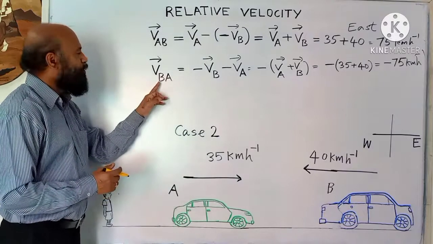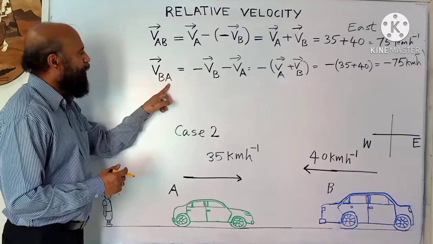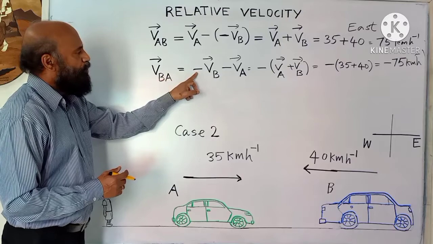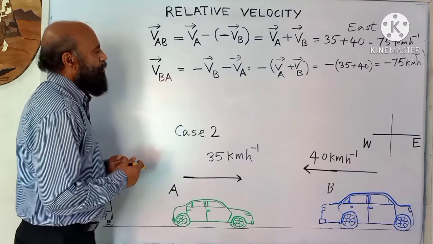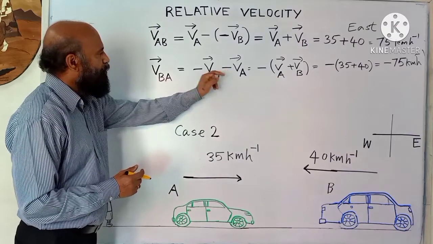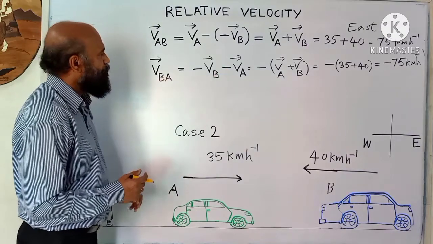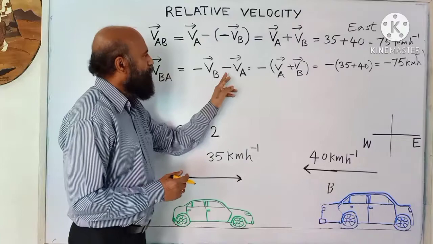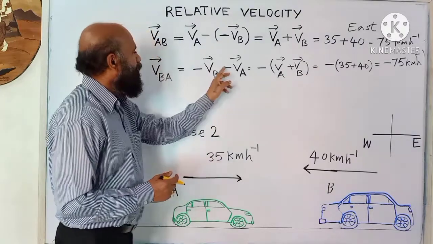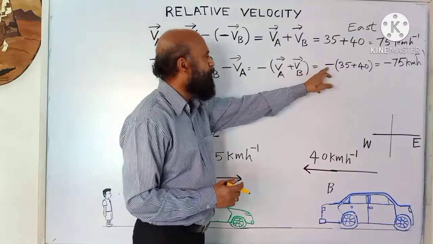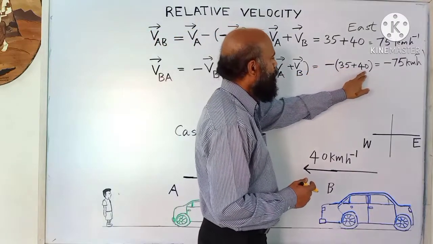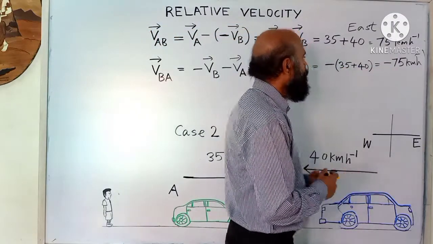Then the relative velocity of car B with respect to A is VB vector minus VA vector. The negative sign can be taken outside, then VA plus VB, minus 35 plus 40, minus 75 km per hour.